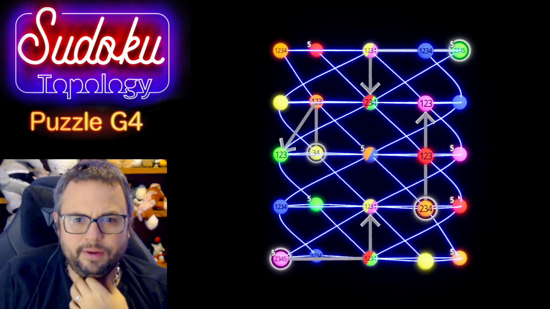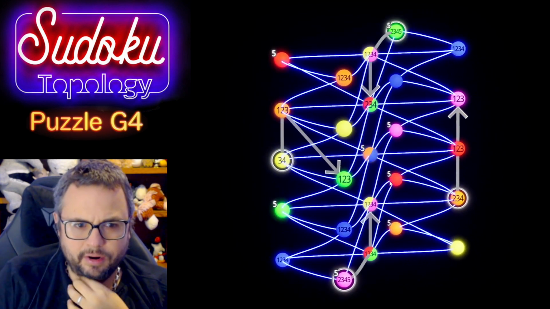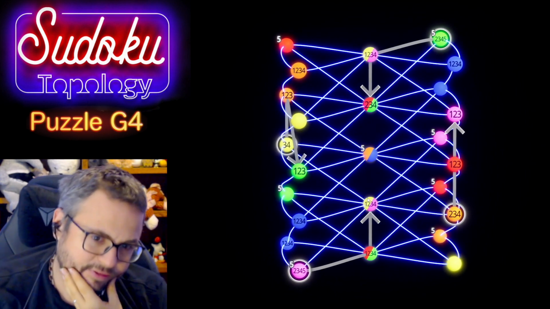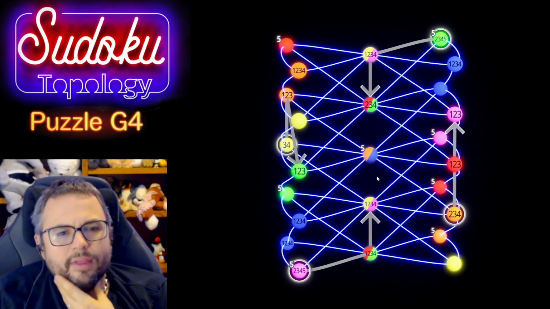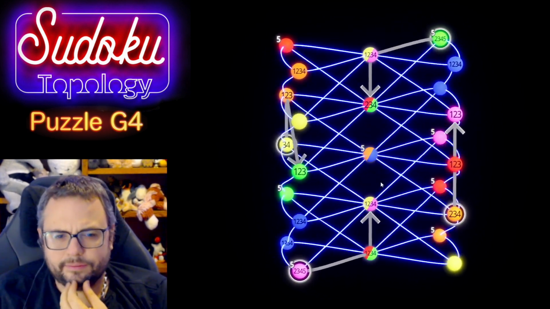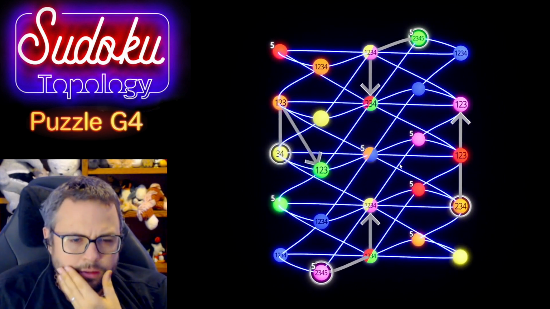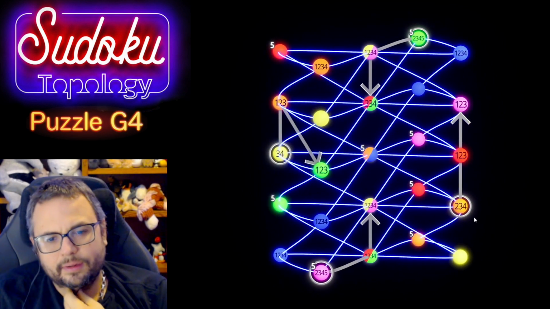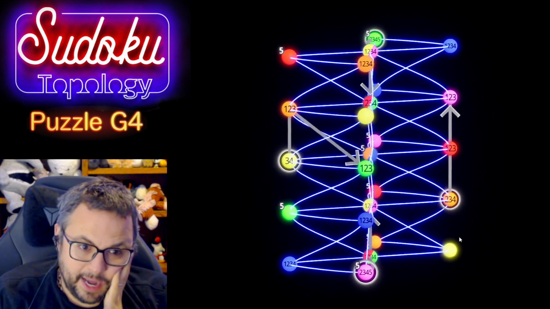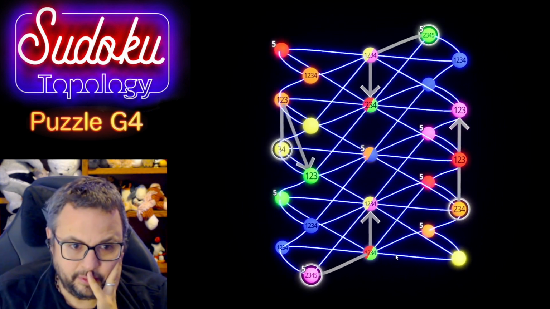So we know roughly where 4 5s are, and we know the puzzle has 5 5s. Can we find the last 5 to figure out where the other 5 has to go? So we don't know where the yellow 5 is.